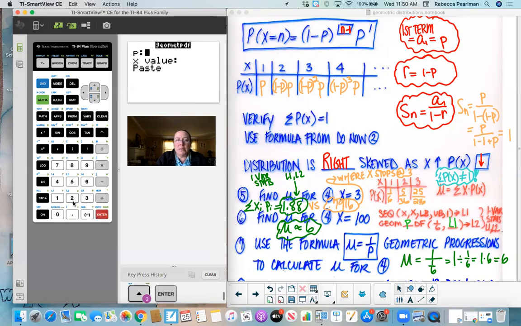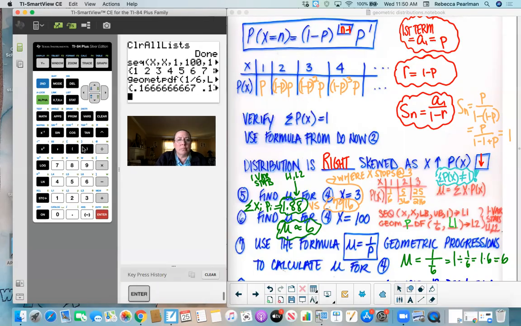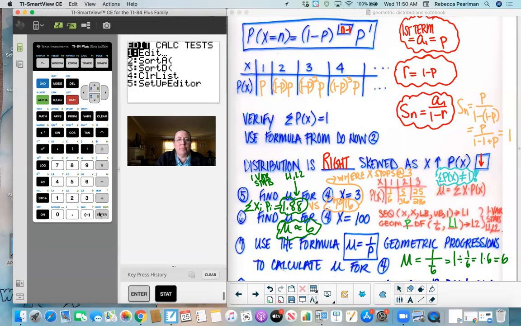P is 1/6. And we want to read how many trials we need to get our first success from list 1. And we are going to paste this, so store list 2. Let's take a look at it in stat edit.